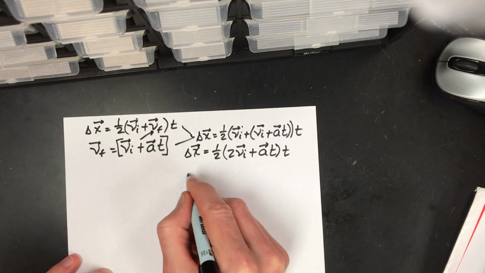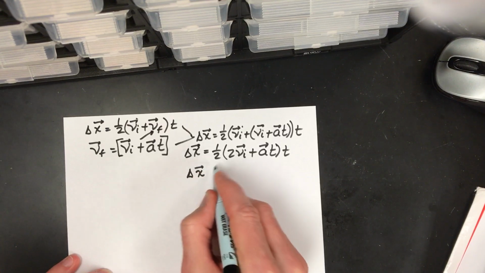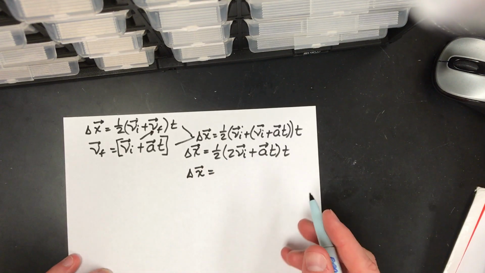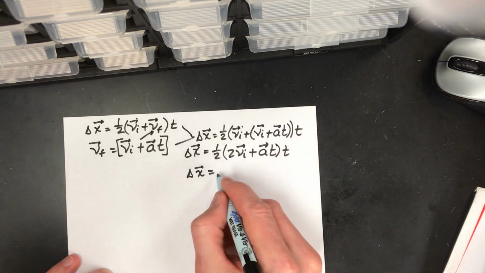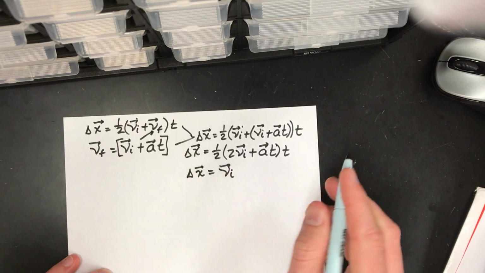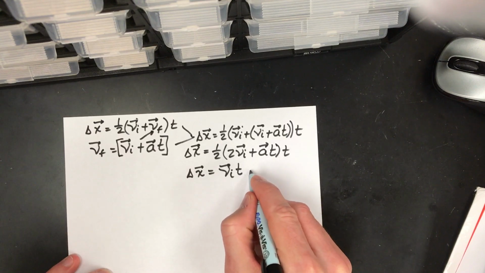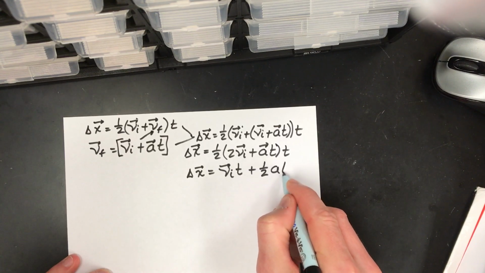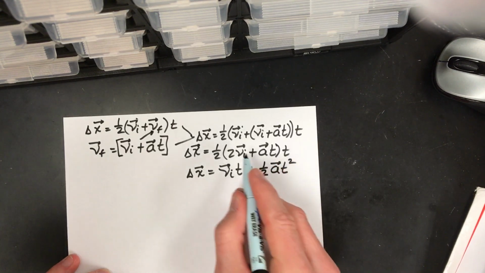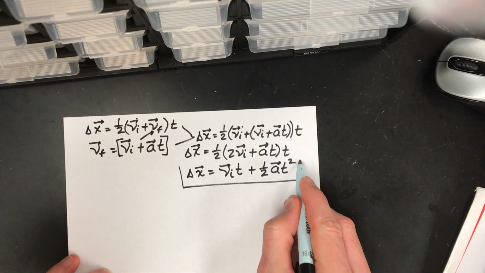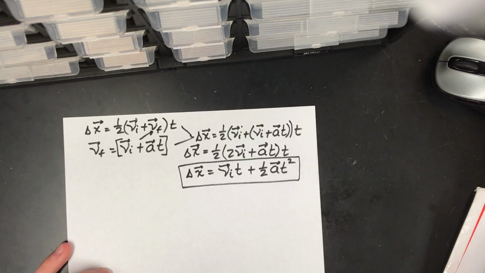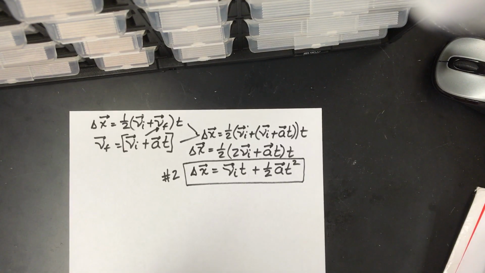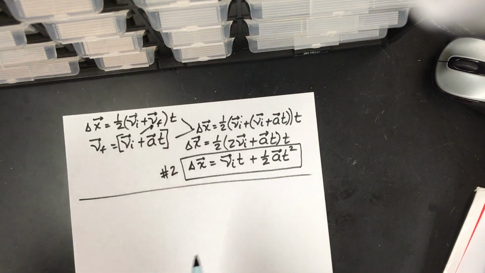And then from there we end up with delta x equals, if you multiply everything out through, 1/2 times 2, so we end up with Vi, and then we multiply that by t, plus multiply the 1/2 through, we have 1/2 a, and then the two t's get multiplied together, t squared. And this is our second equation, which is on the AP equation sheet.